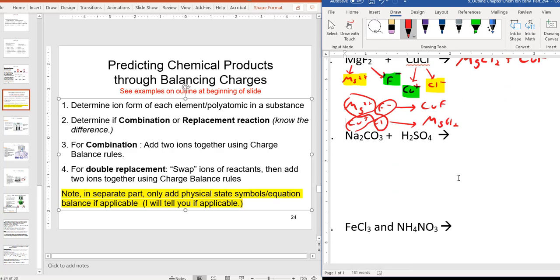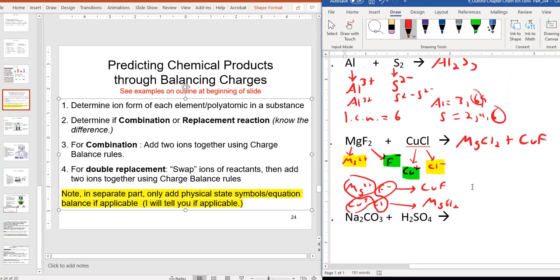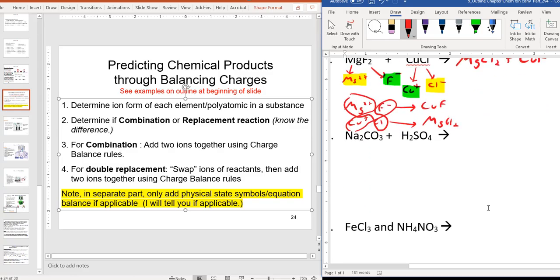These are polyatomic ions. It just so happened that in the previous ones, I broke it up by ions, but you could have broken it up by atoms, which is always a possibility. But we're just going to stick with ions for this class, and we're going to do the exact same thing with polyatomic ions.